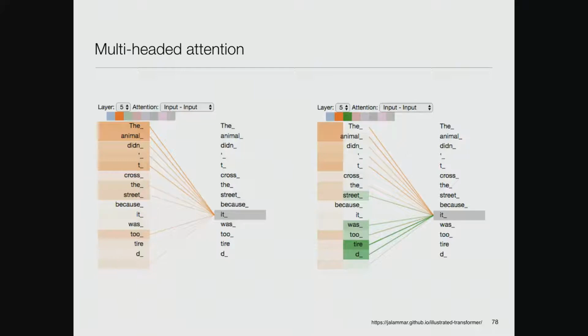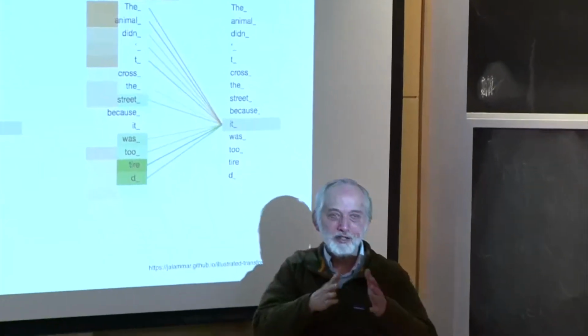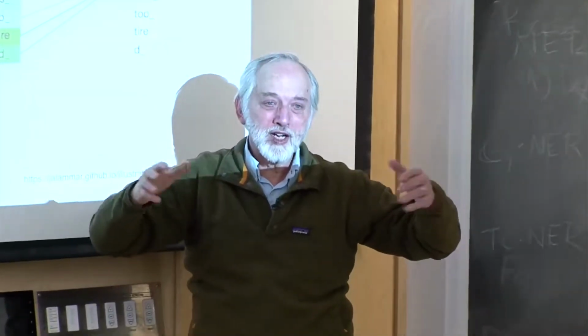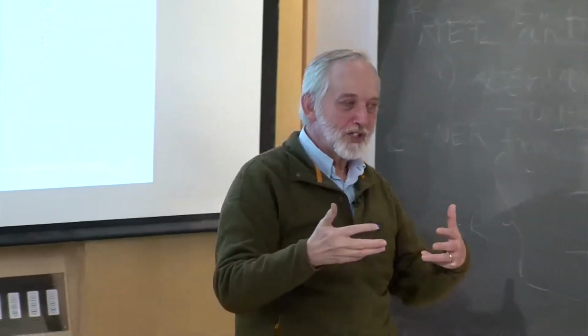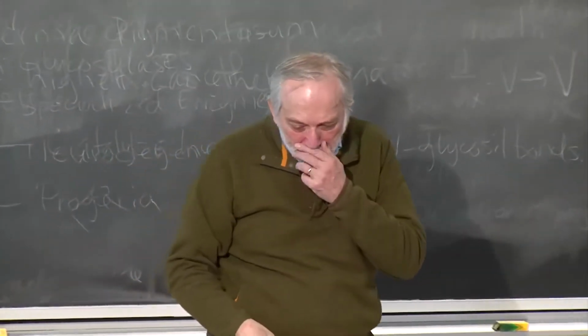Here they introduce another encoding, and this one focuses on was too tired, which is also good because it again refers to the thing that was too tired. And of course, by multi-headed, they mean that it's doing this many times. And so you're identifying all kinds of different relationships in the input sentence.